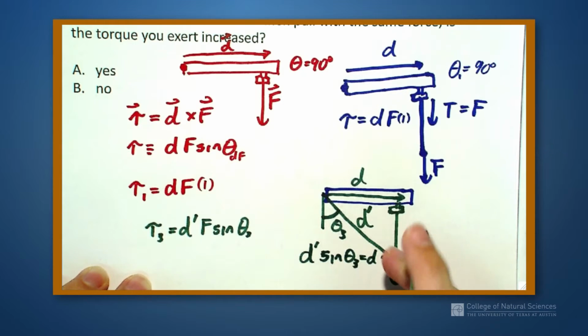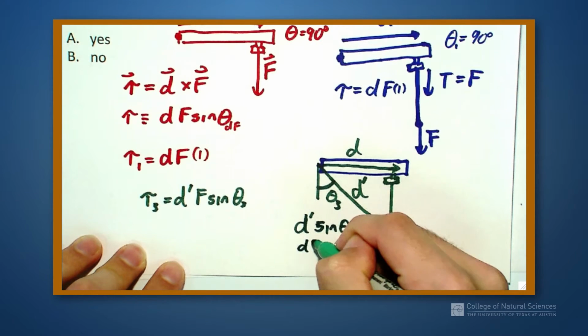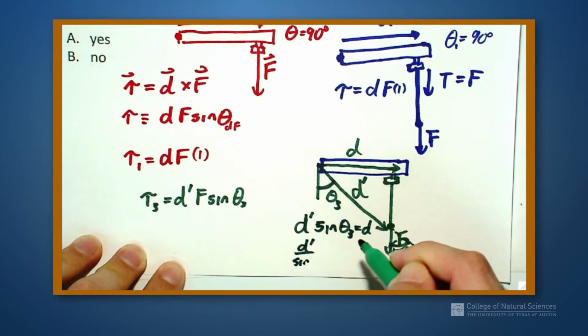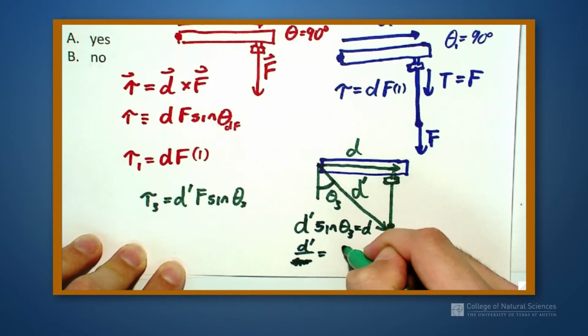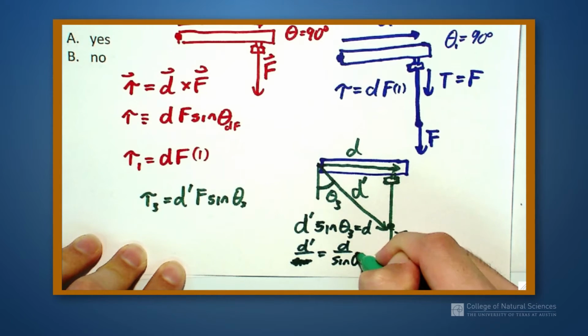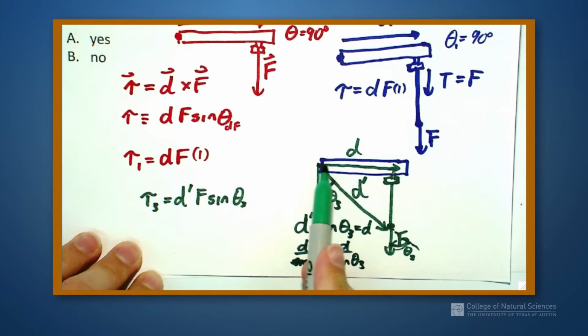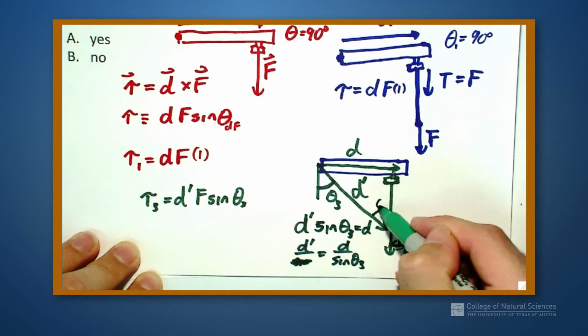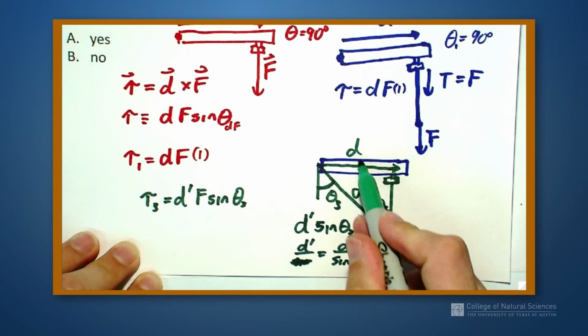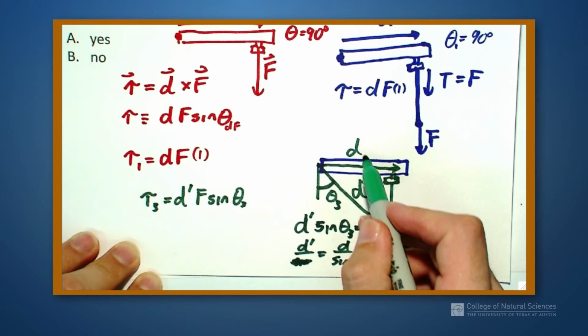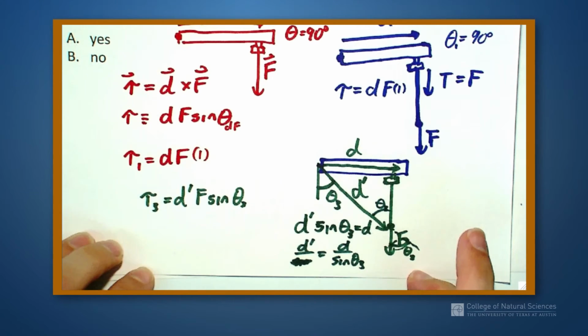Or d prime is equal to d over sine of theta 3. This is just from the geometry. I see that this angle is here, so my distance over this distance is going to be that theta 3 there. This distance d is opposite the angle, so I use the sine function.